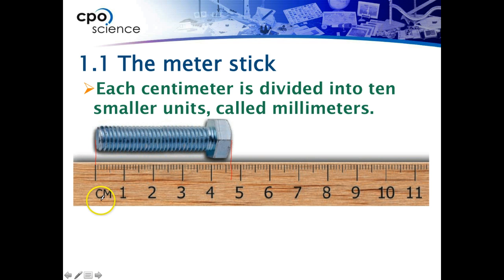Okay, so reading this ruler, it is in centimeters. Every one of these big lines is centimeters. So I would have to say that this bolt is 4 centimeters long, but it's more than 4 centimeters long. It's 4.5, there's 6, and going down my line, I know it's not exactly straight, but I would have to say it's 4.6.